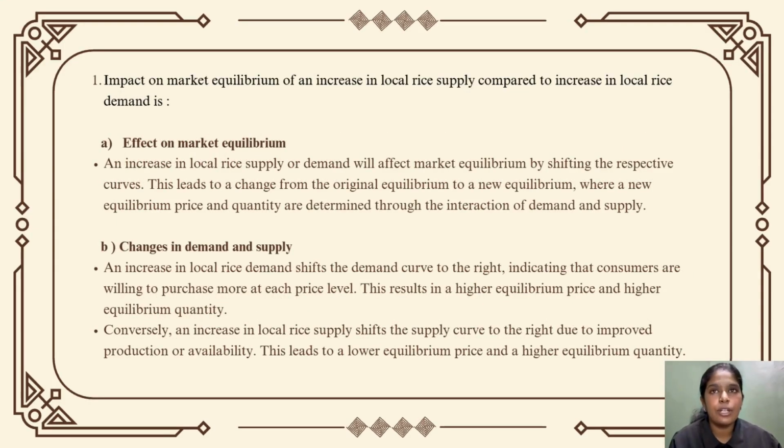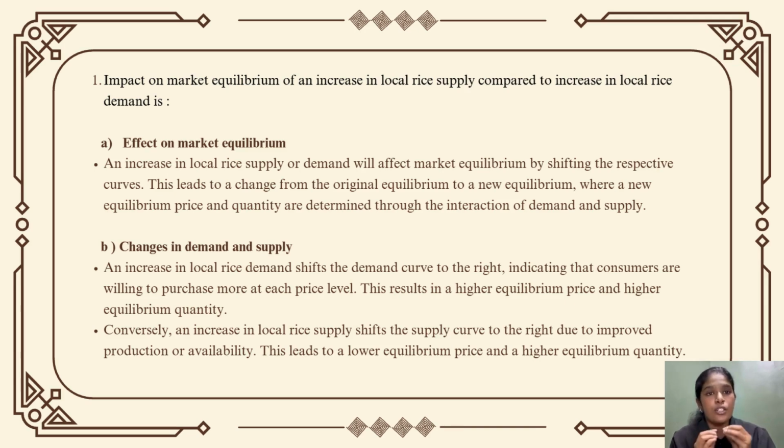Okay, next we are going to see the impact on market equilibrium of an increase in local rice supply compared to an increase in local rice demand. The first one is the effect on market equilibrium. An increase in local rice supply or demand will affect market equilibrium by shifting the respective curve.